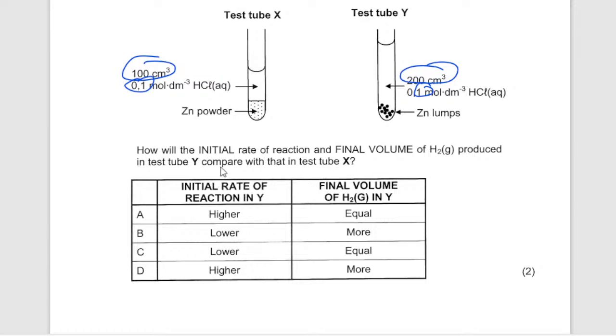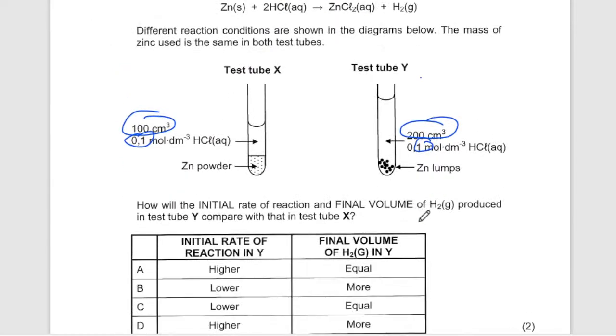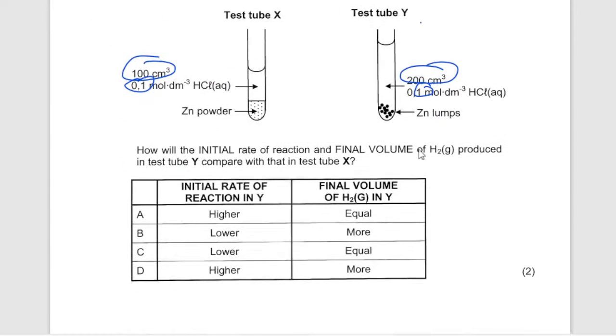They are asking how the initial rate of reaction and the final volume produced in test tube Y compare to test tube X. So what will happen in Y: the initial rate of reaction in Y, and the volume of hydrogen in Y.